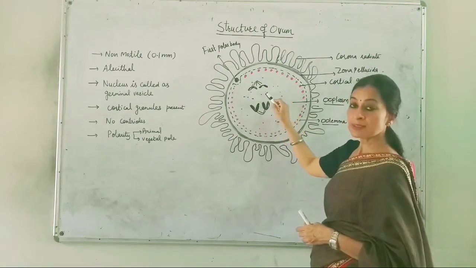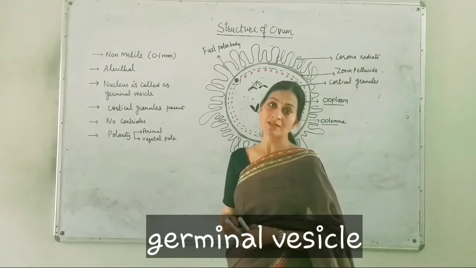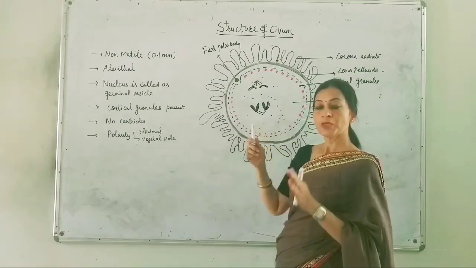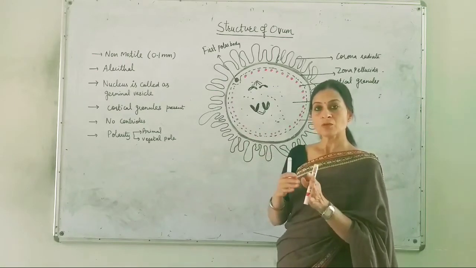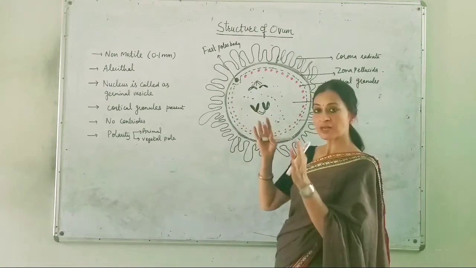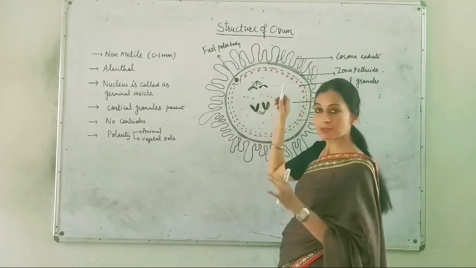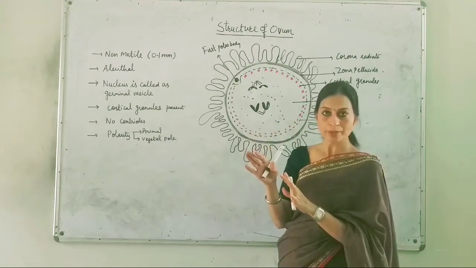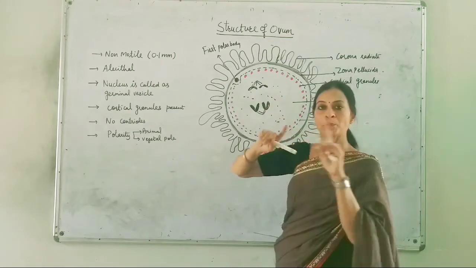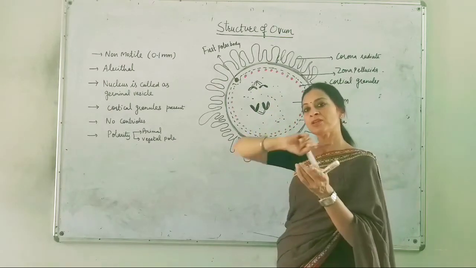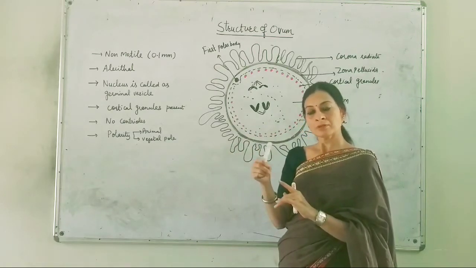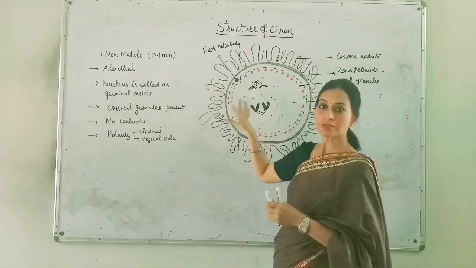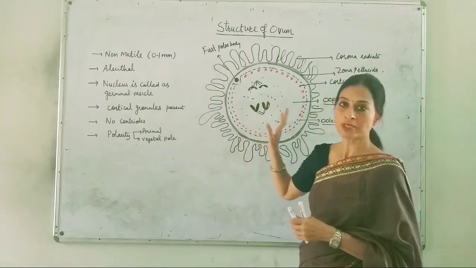This nucleus is known as the germinal vesicle, and in this nucleus I have shown the chromosomes, or the spindle chromosomes, which are attached to the spindle fibers, arrested at the metaphase second stage. Okay, so they are going to complete their metaphase second and then enter the anaphase second only when the sperms reach near this egg, or this oocyte.